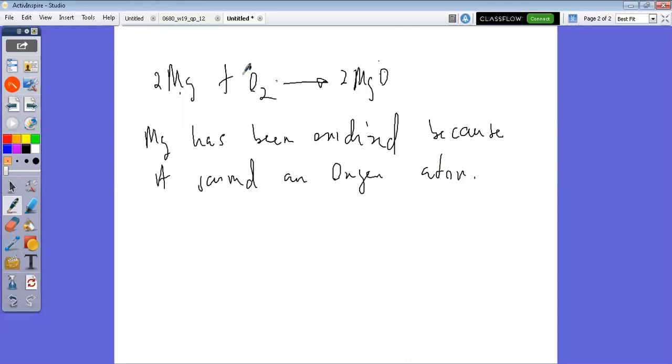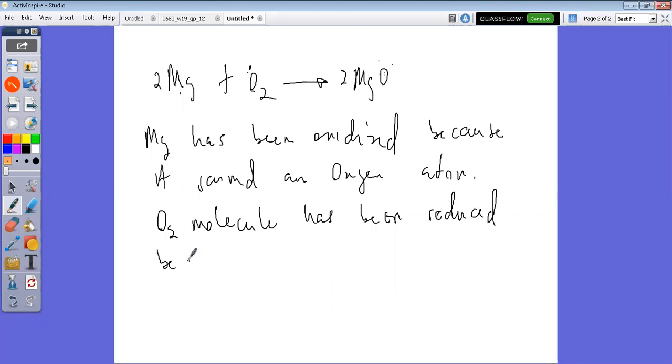Jordan, what happened to this oxygen molecule? It's 2. Now it's only 1. So it has been reduced. So the O2 molecule has been reduced because it lost one oxygen atom. So that's the first definition that we're looking at.